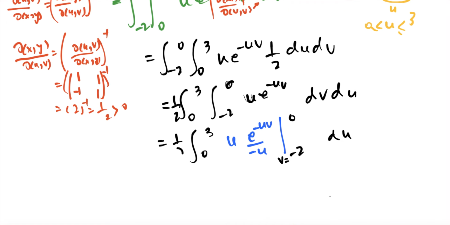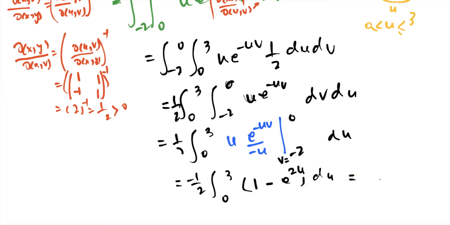And so now the next step is, oh, u and u simplify. There's a negative sign out here. Put it negative 1/2, 0 to 3. Then I plug in 0 for v, and I get 1. And I plug in negative 2 for v, and I get e to the power negative 2 times negative u, it's 2u, and du.